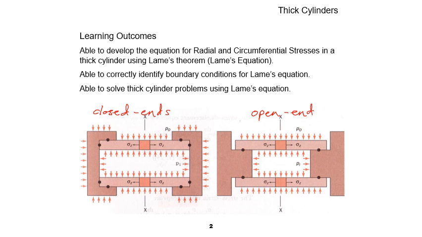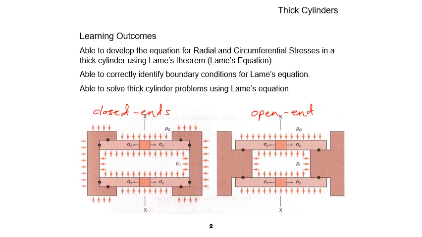Now, why is it called closed? Because the end caps here are fixed to the cylinder itself. Therefore, the cylinder will move together with the caps. So they are called closed end thick cylinders.